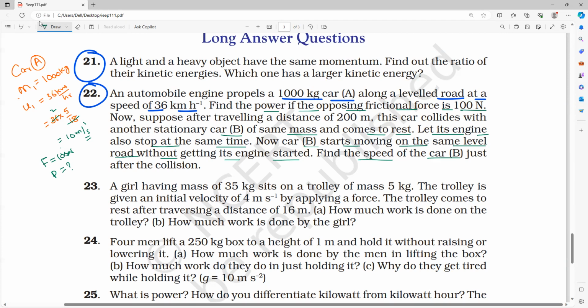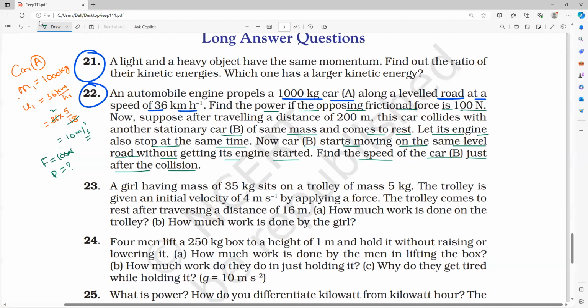Find the speed of car B just after the collision. Have you all understood, everybody? It looks like conservation of momentum. Do you remember, everybody? Momentum before collision is equal to momentum after collision. Have you understood? Yes.